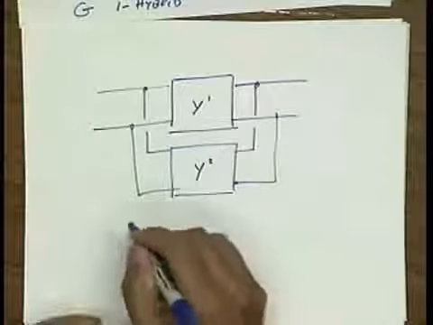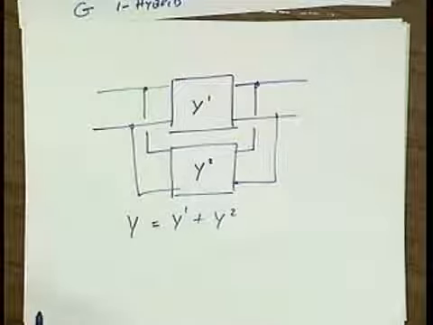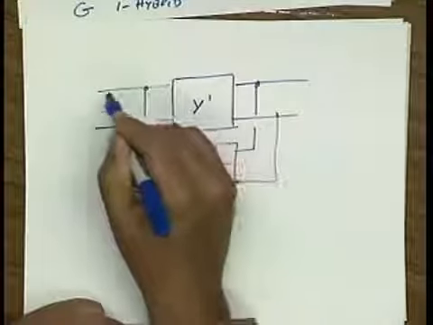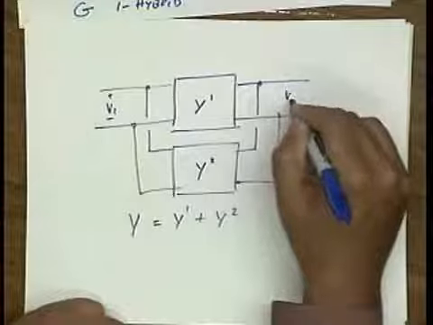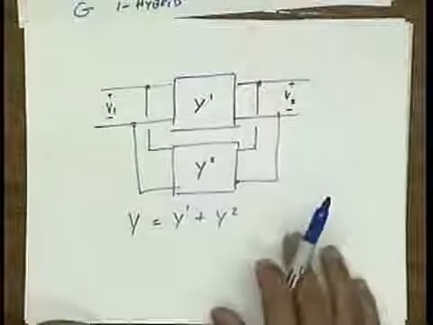The overall Y parameter, of course, is Y1 plus Y2. And that's because the voltages are actually the same.